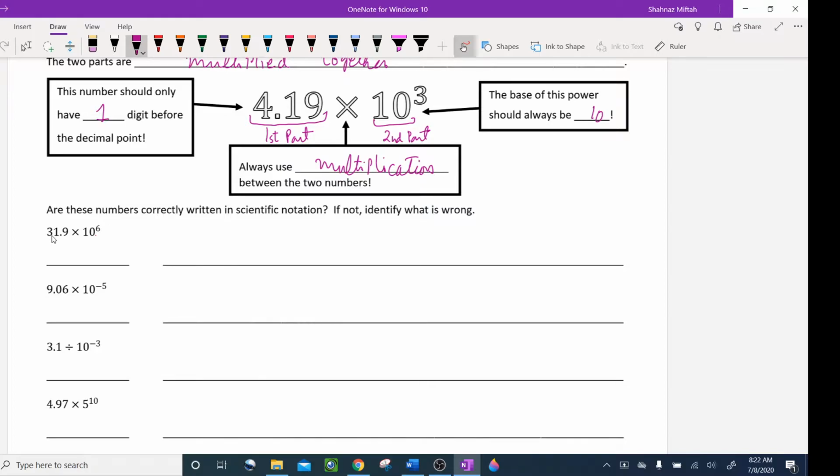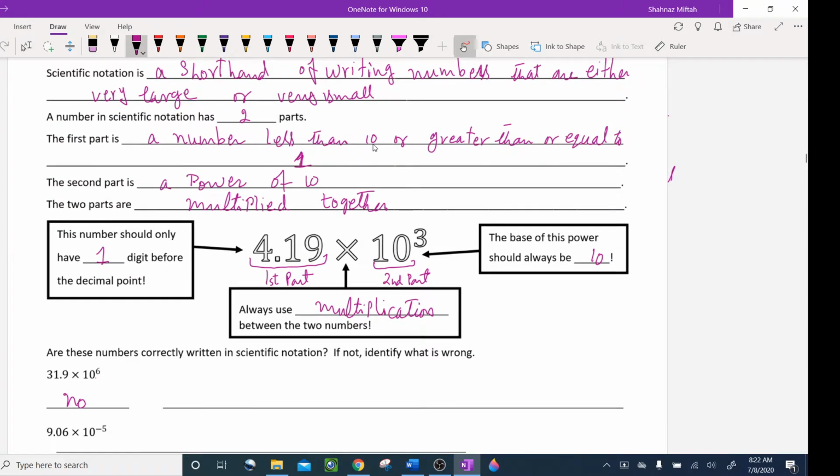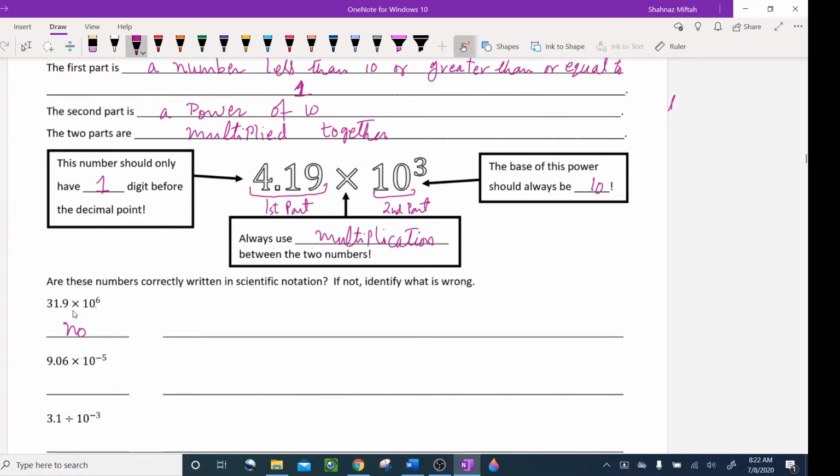So I have two digits before the decimal. So that's no. And like they said, a number less than 10 or greater than or equal to 1. So this is not less than 10. This is 31.9, which is greater than 10. So that's another mistake here.